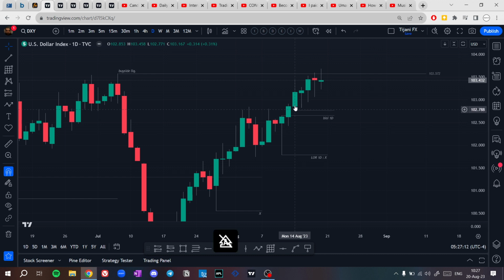Once Monday went higher, it created this daily BC. So on Tuesday, I was expecting price to drop lower, filling this daily BC before going higher, as price could make the low of the week during Tuesday, then an expansion higher.